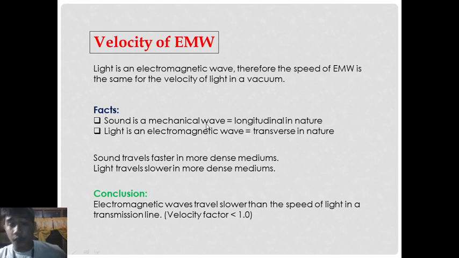Sound is a mechanical wave, longitudinal in nature, while light is an electromagnetic wave, transverse in nature. Sound travels faster in more dense mediums like water and glass, while light travels slower in more dense mediums. Conclusion: electromagnetic waves travel slower than the speed of light in a transmission line, which means the velocity factor must be less than 1.